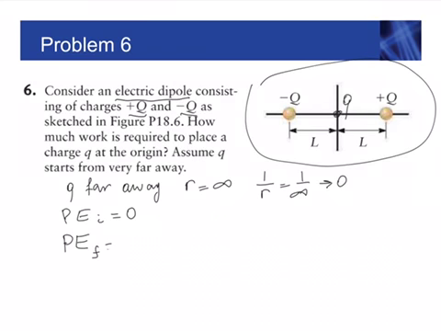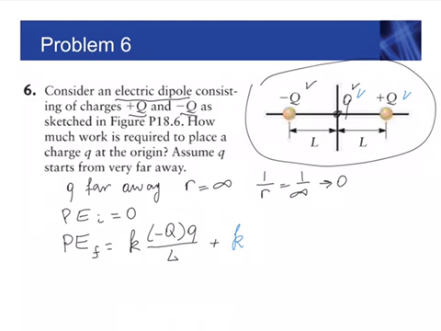The final potential energy is going to consist of two parts. The first is the potential energy between these two particles. We can write it as K, negative Q, little q over L, plus the electric potential energy between those two particles. I use blue color.